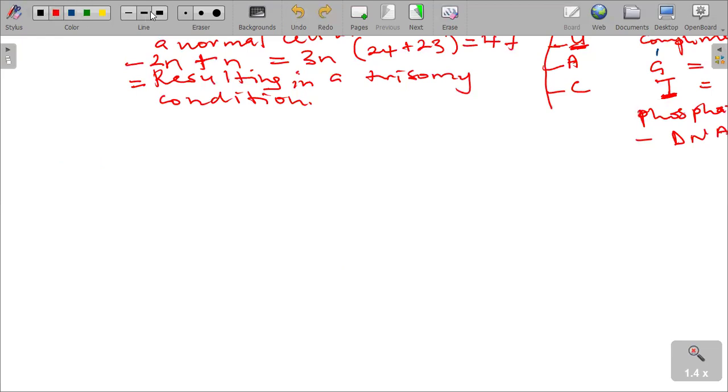One, we are saying in trisomy 21, there is an extra chromosome, or 3 copies of chromosome 21.